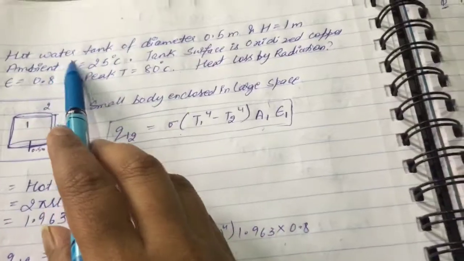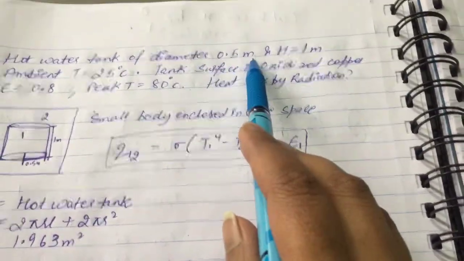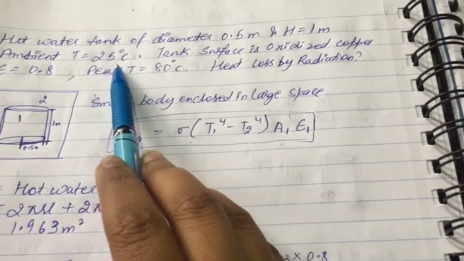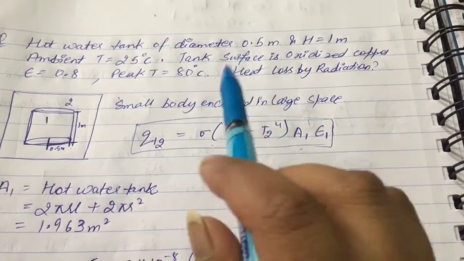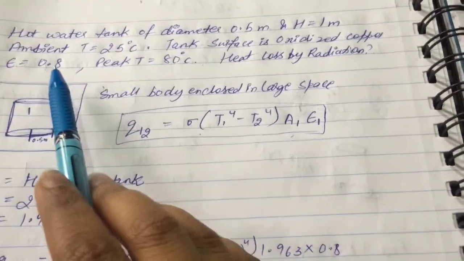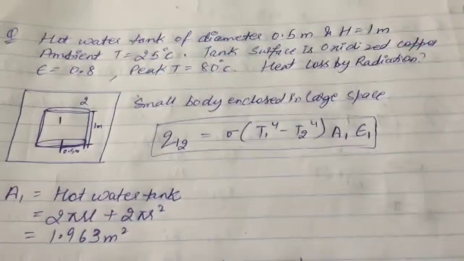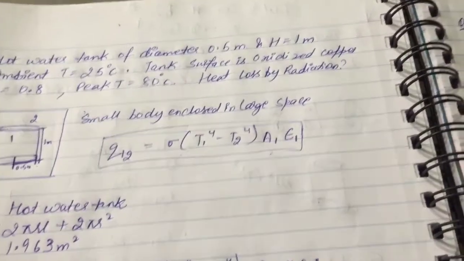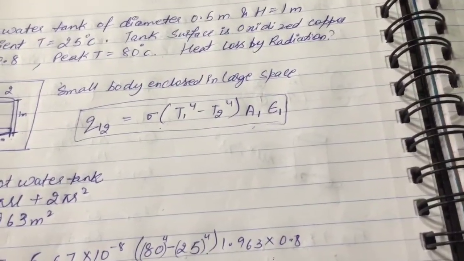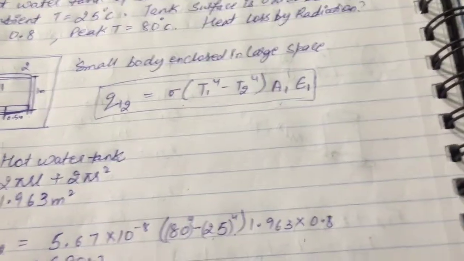Next question is, a hot water tank of diameter 0.5 meter and height 1 meter, ambient temperature 25 degrees Celsius, tank surface is oxidized copper with emissivity 0.8, and its peak temperature is given as 80 degrees Celsius. We have to calculate heat loss by radiation.